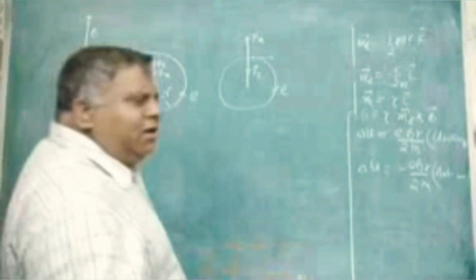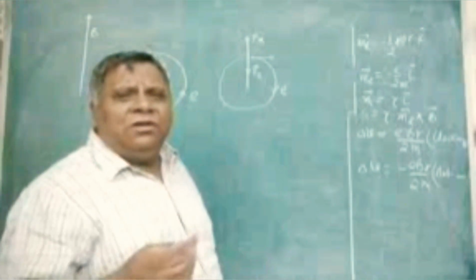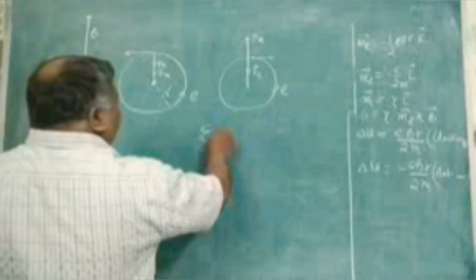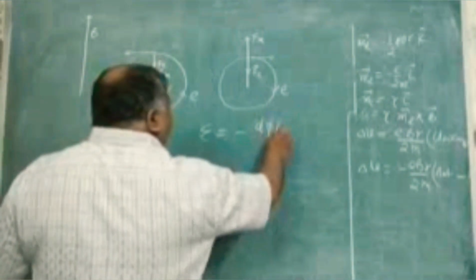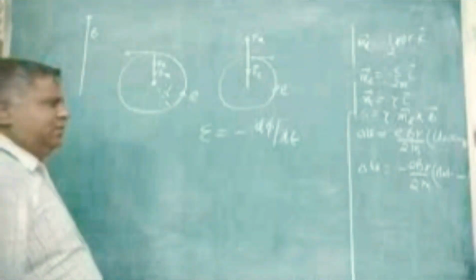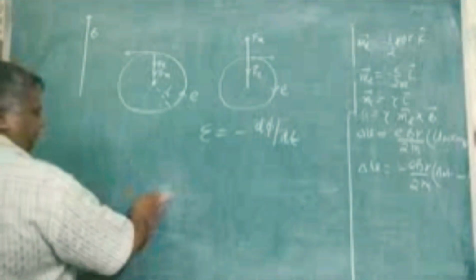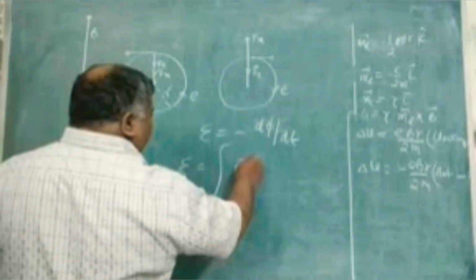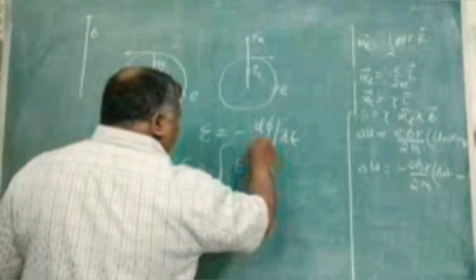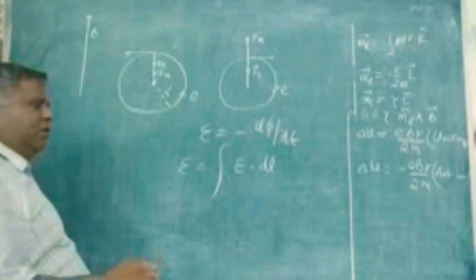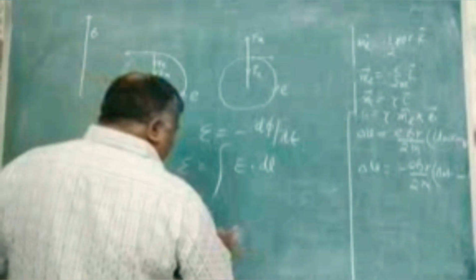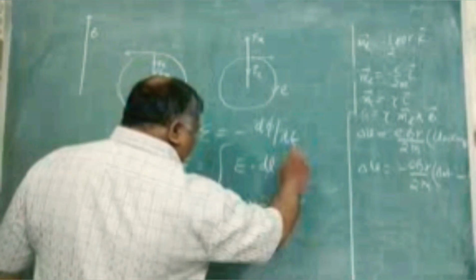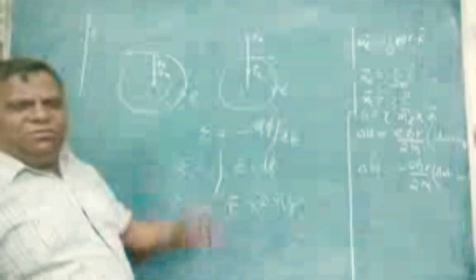Suppose initially magnetic field B is 0, we switch on the magnetic field, so we have a change in flux, so E is minus d phi over dt, induced EMF. This induced EMF is the line integral over this loop of electric field, line integral of electric field over this loop is equal to E into 2 pi r, where r is the radius of this loop.